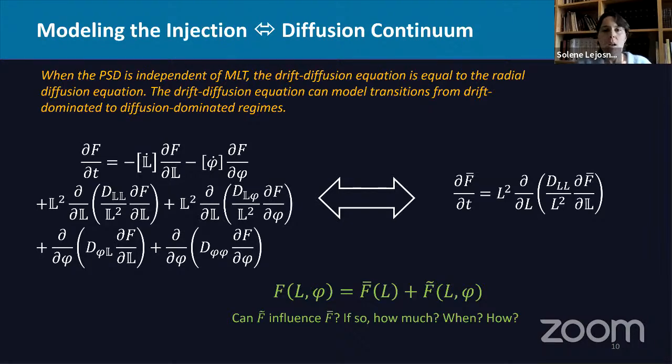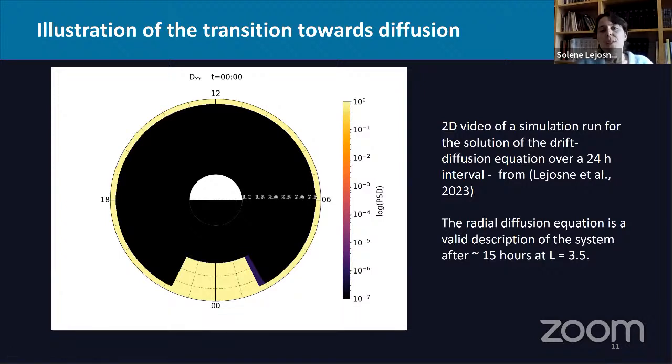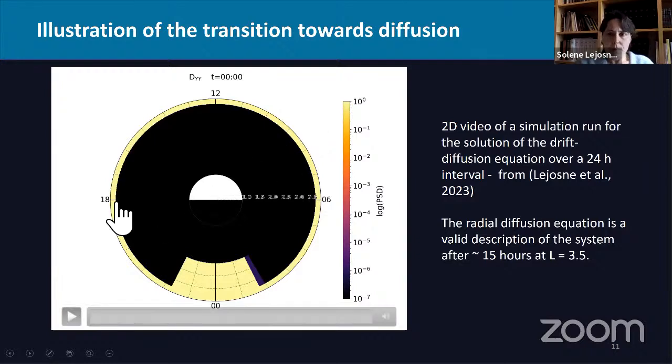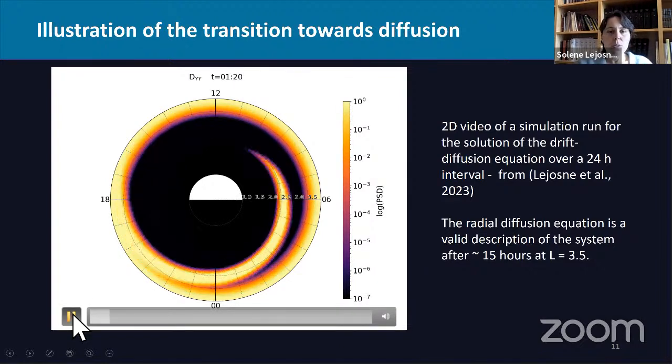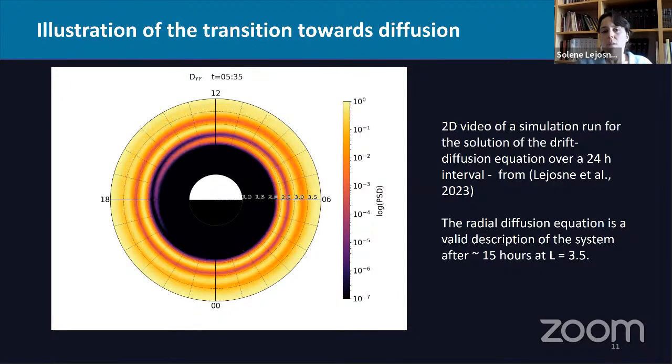Here is a movie where we implemented this drift diffusion equation in a simple case. It's a visualization of a 24-hour interval. First, we have some kind of fake injection at midnight, and we let that evolve with drift and diffusion behaviors. You see how it's drifting, and how the drift velocity depends on the radial distance.